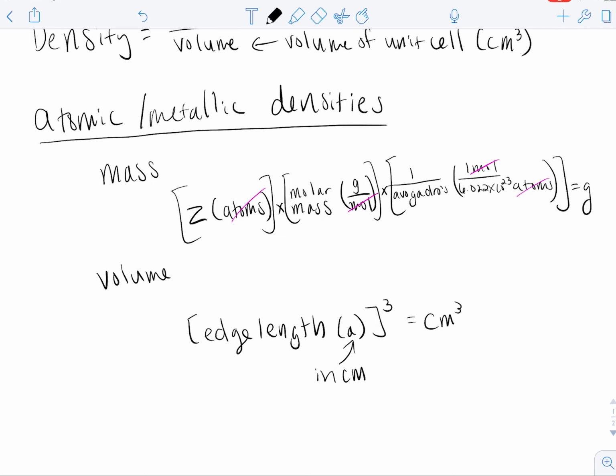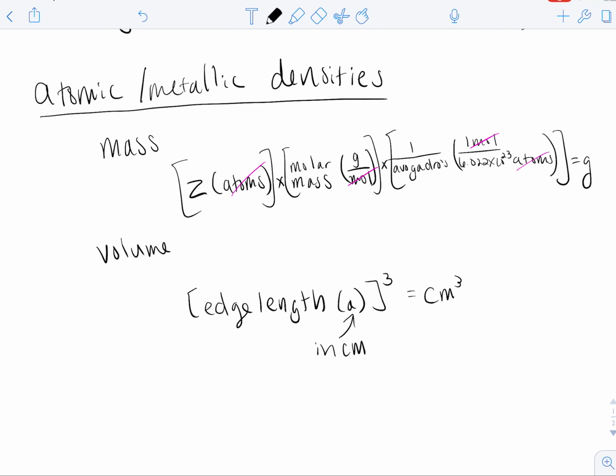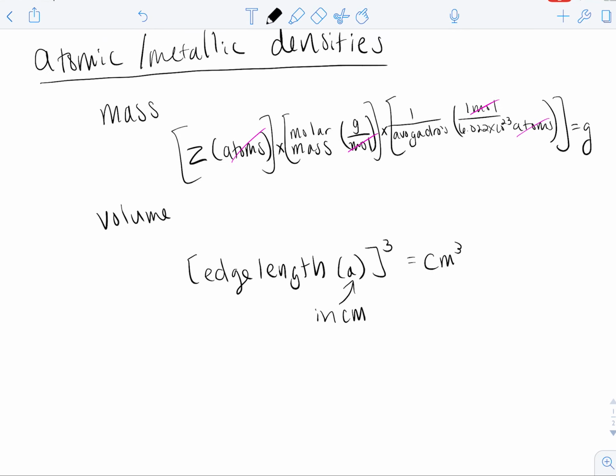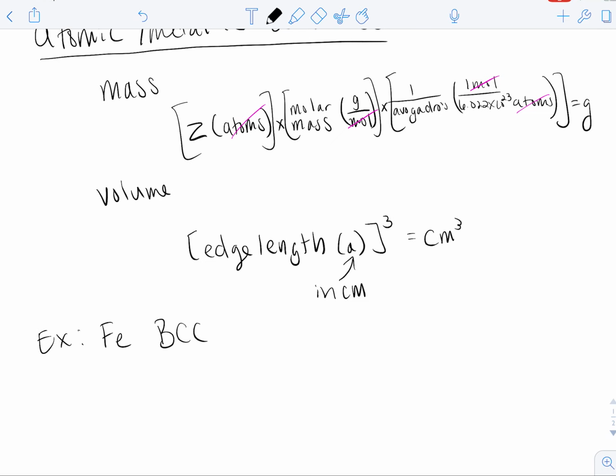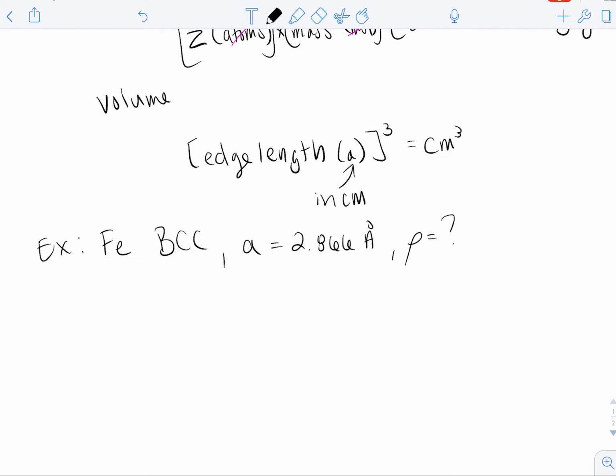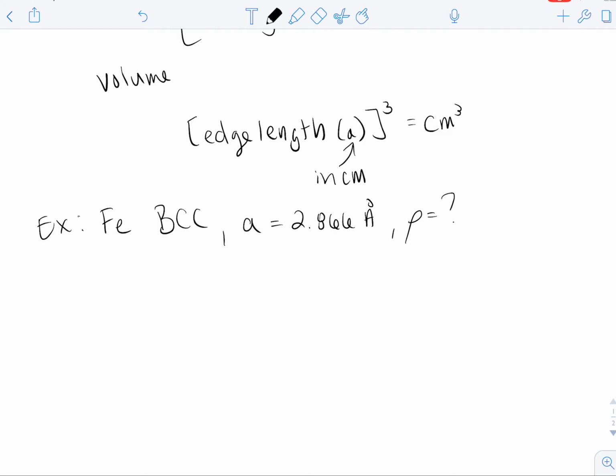So let's try a very quick example. So let's take iron. Iron is a body-centered cubic, and it has an A value equal to 2.866 angstroms. We want to know what the density is. Okay, so if we have BCC, we have a Z number of 2.